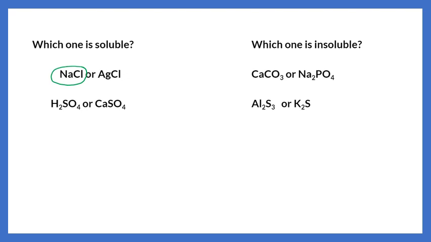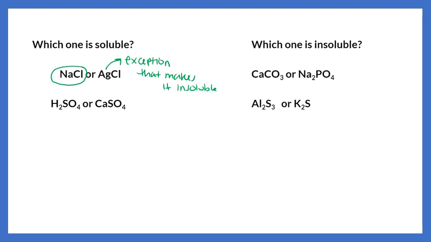AgCl: Cl is bonded with silver, which makes it insoluble. So this is the exception. That makes it insoluble.